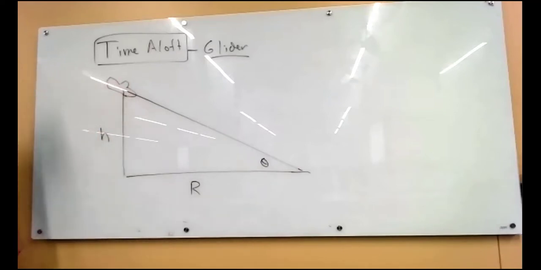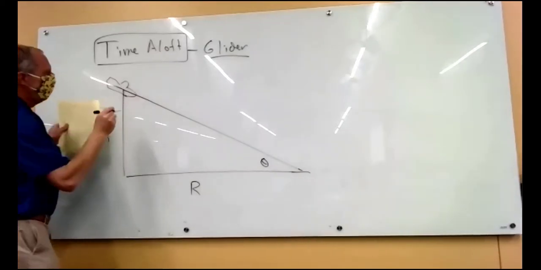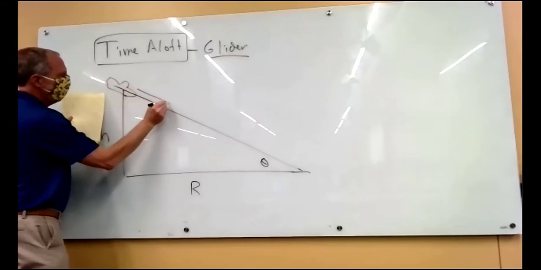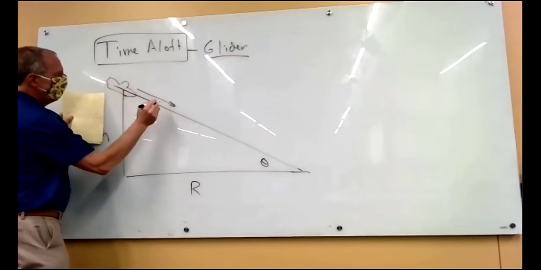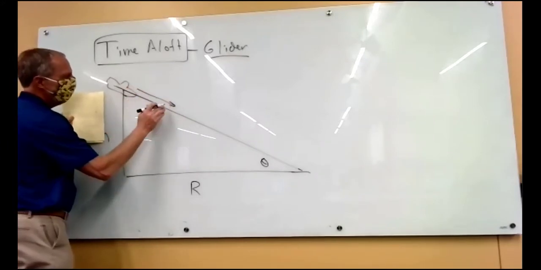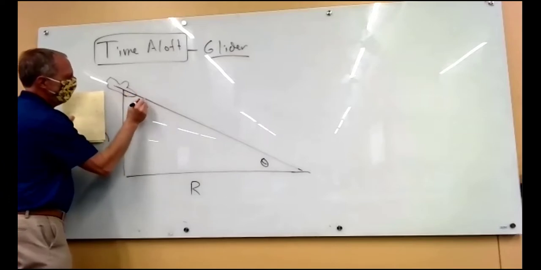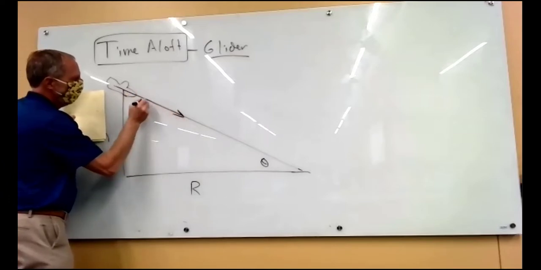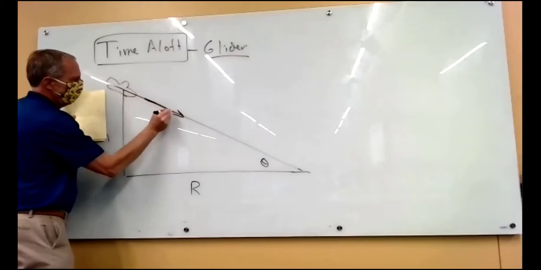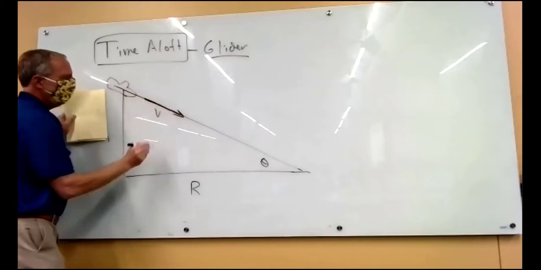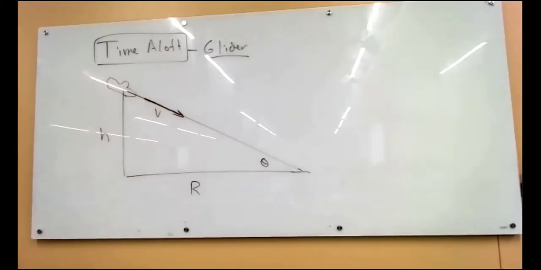But instead of talking about the geometry of position, we want to talk about the vector triangle of the velocity, right? This is the flight path. Let's draw it on the flight path. So this is the velocity vector here, V, so that's how fast the airplane's going along that angle theta.